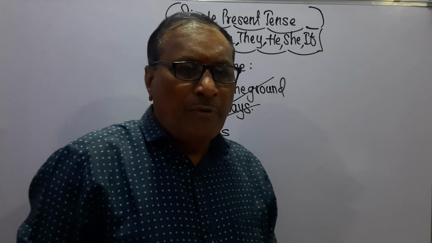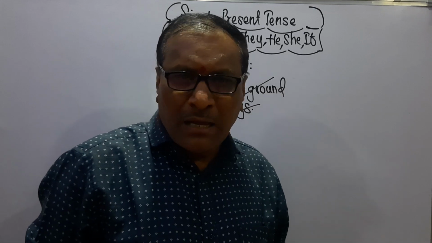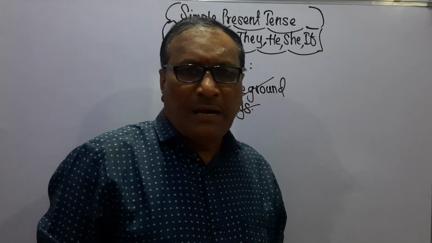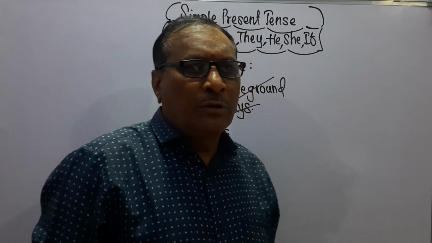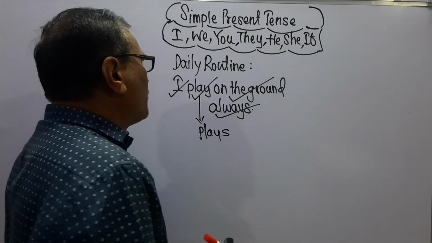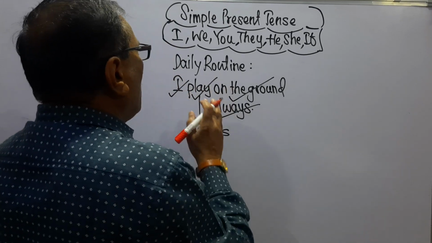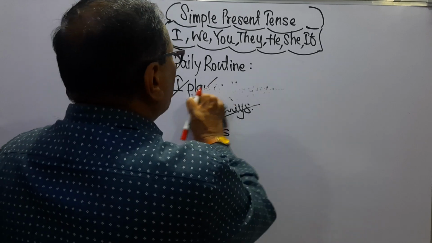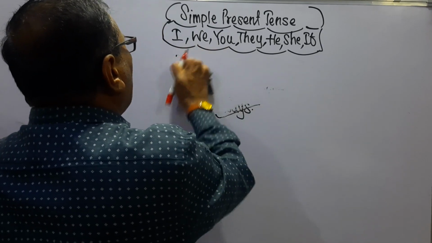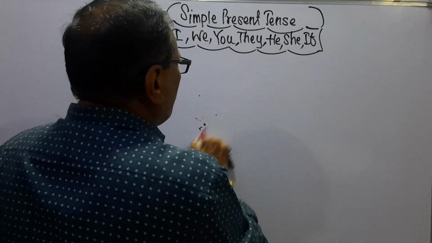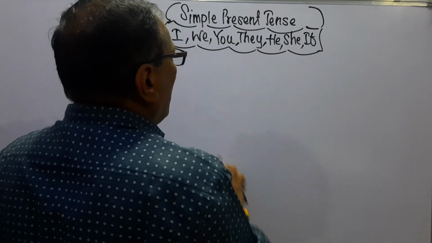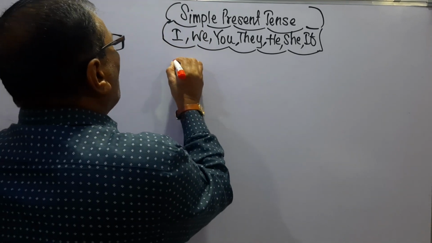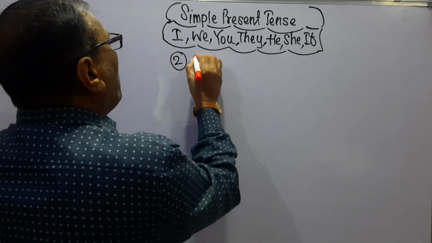That is the important rule of the simple present tense. Here we are discussing the daily routine, where we use the subjects I, we, you, they, he, she, it. After daily routine, we use the habits.